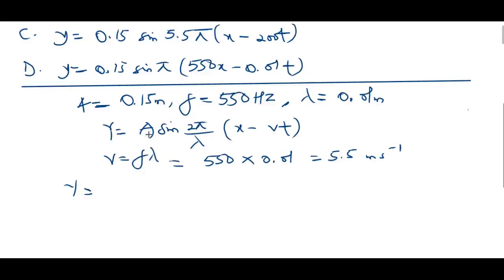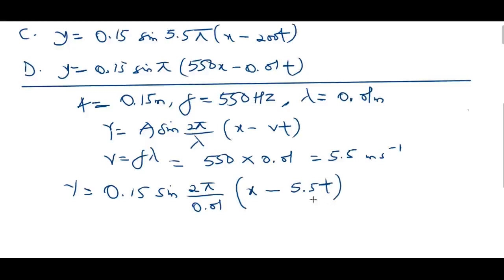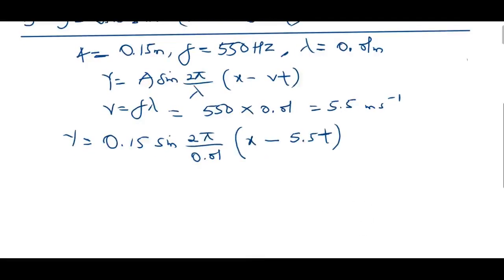We have y equals a sine. So we now have, instead of a, we write 0.15 sine 2 pi. That is 2 pi over lambda, that's 0.01 into bracket x minus vt. What's vt? V is now 5.5t. All right.